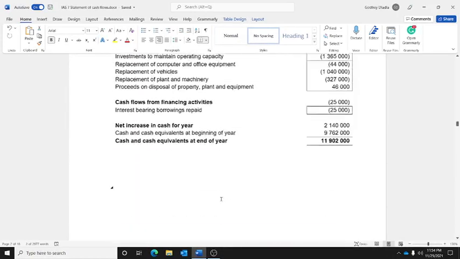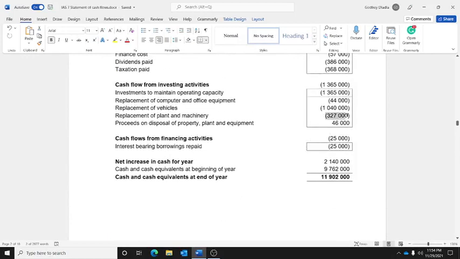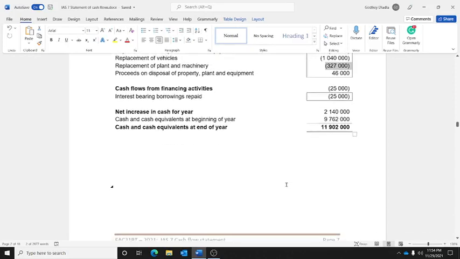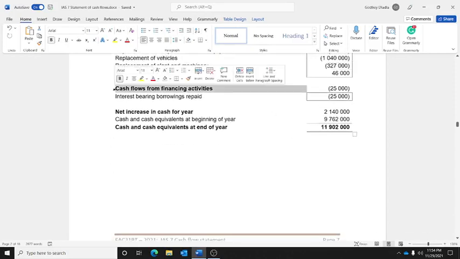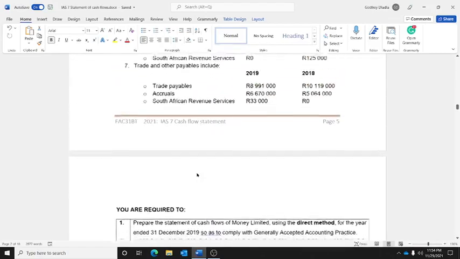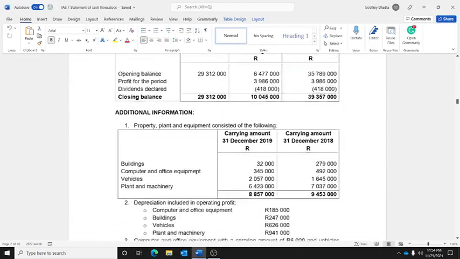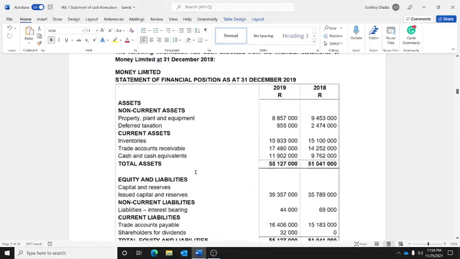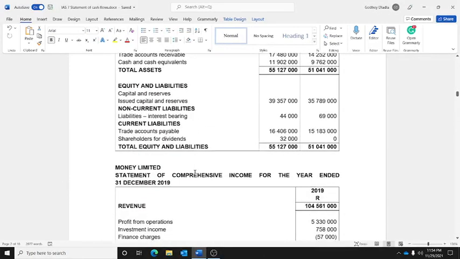Okay, so you've got your 327, which was the last figure that we dealt with, and then cash from investing activities. Then we go to cash from financing activities. Right. So your cash from financing activities is 25,000 outflow. Let's see. It should come from an easy figure here.